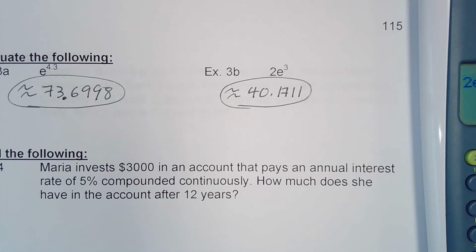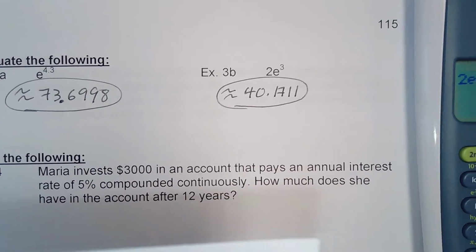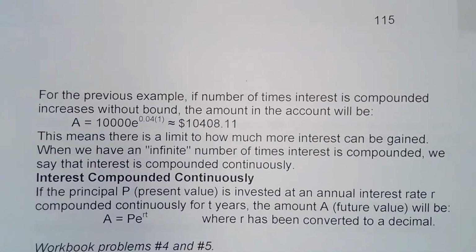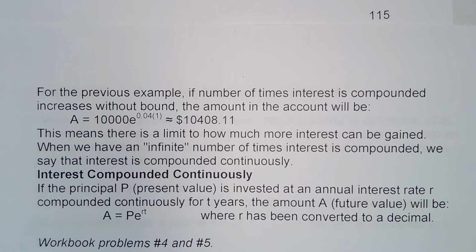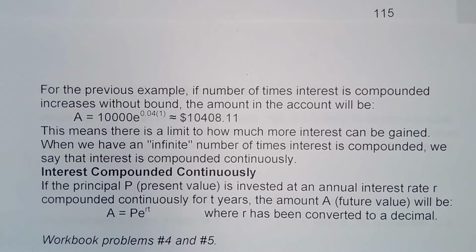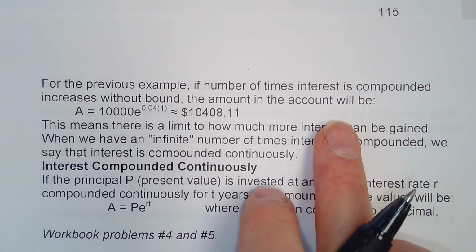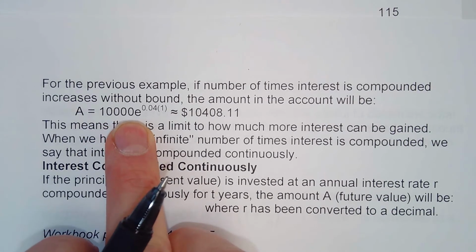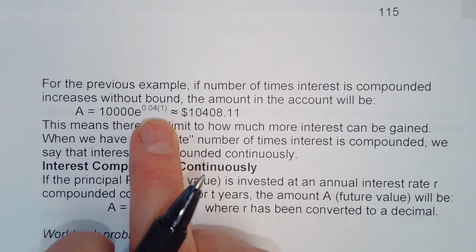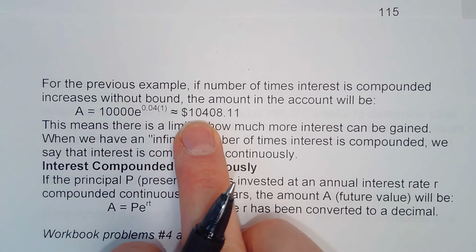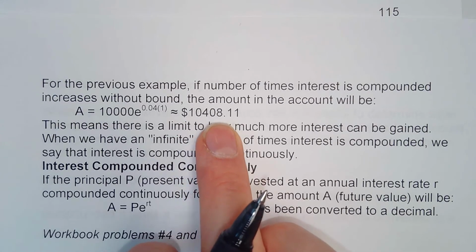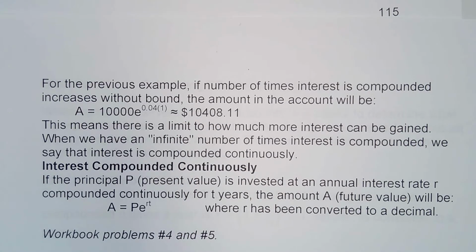Alright, so let's see how this involves with the problems we've been working on. If we go back to that example 2 where we kept increasing the number of compoundings, so increase without bound, the amount that would have been in the account would have been 10,000 e to the 0.04 times 1, which would give us $10,408.11.